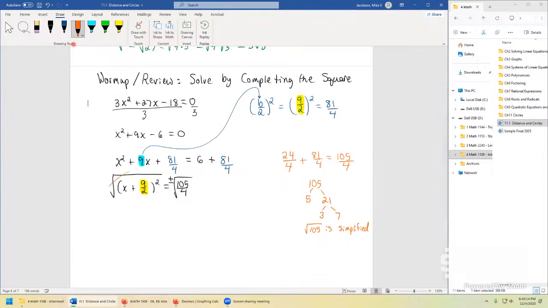So upon taking square roots, the power 2 is canceled on the left. We have just x plus 9 halves equals plus or minus square root 105 divided by 2. All we did is square root the denominator. Still haven't solved this. We now need to subtract 9 halves from both sides. So x is now equal to negative 9 halves plus or minus the square root of 105 halves.